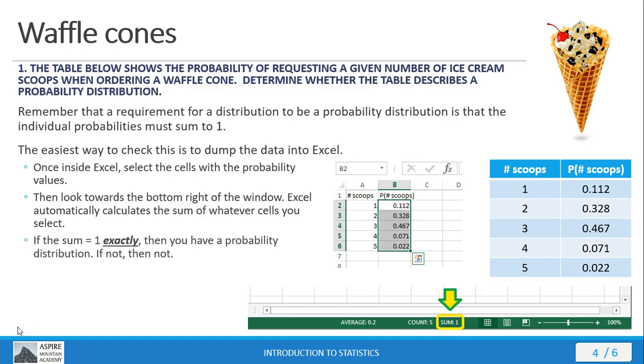If it's not 1 exactly, then you don't have a probability distribution. There are of course 2 other requirements, but you can see that those are clearly met. Each of these probability values is between 0 and 1 inclusive, and for each random variable there is a separate associated probability value. So yes, we have a probability distribution here for our waffle cones.